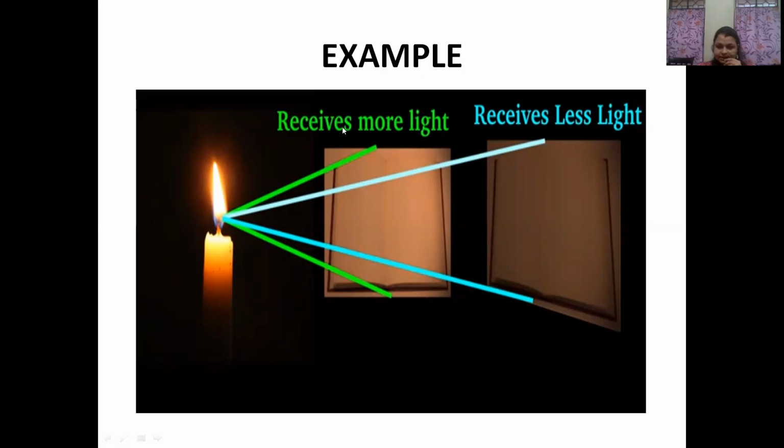That means luminous intensity is more in case of book number 1 and less in case of book number 2. It is very obvious. Now, the illumination level of book number 1 is more than book number 2.